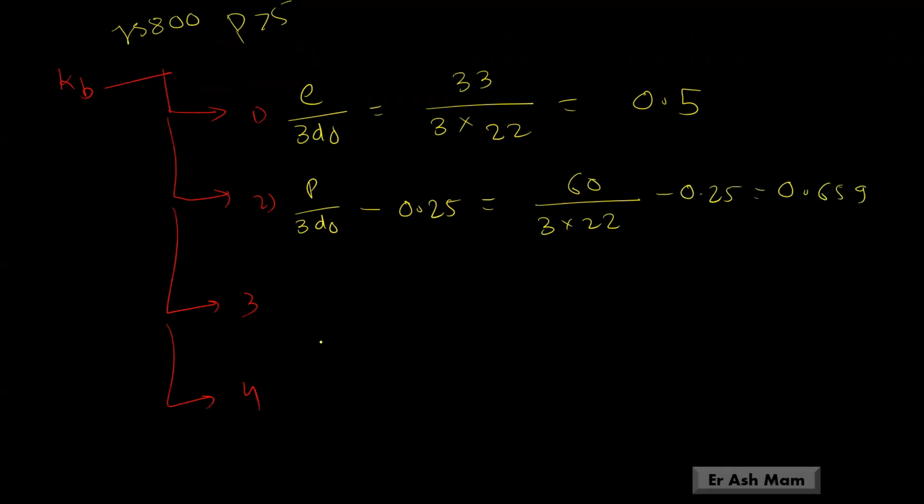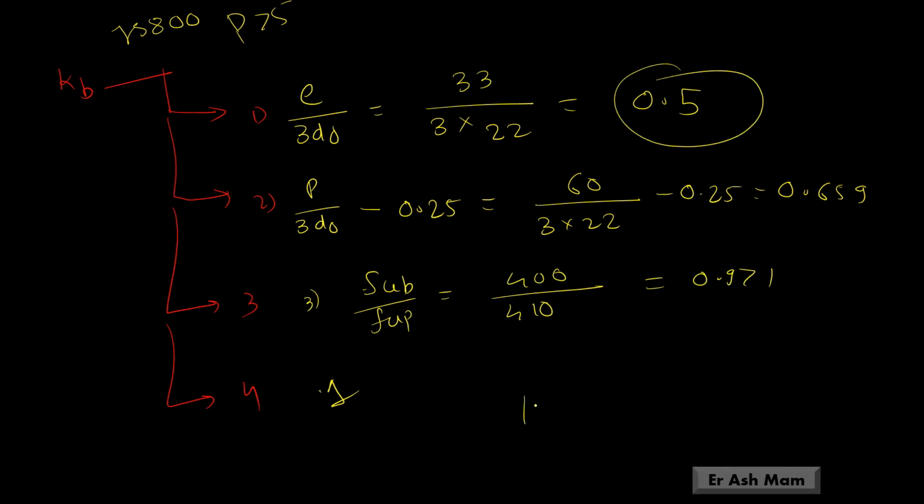You can calculate in the calculator. The third criterion is fub upon fup: ultimate strength of bolt is 400 and ultimate strength of plate is 410, equal to 0.971. And the fourth is 1. Out of these four, the minimum value is 0.5. Therefore, our Kb is 0.5. Done.